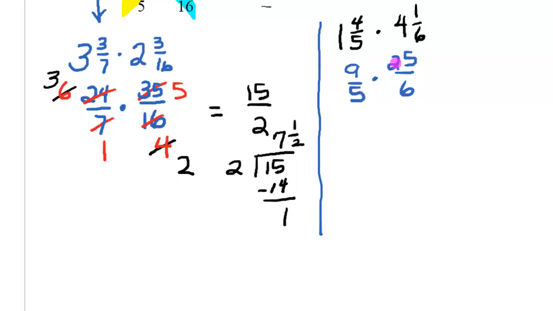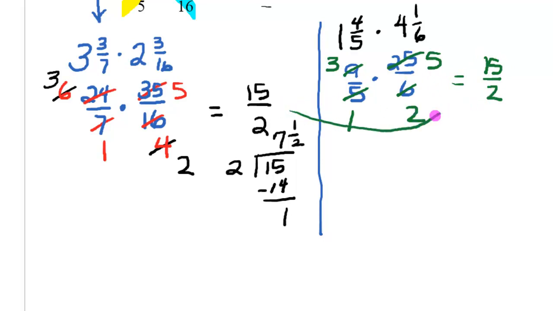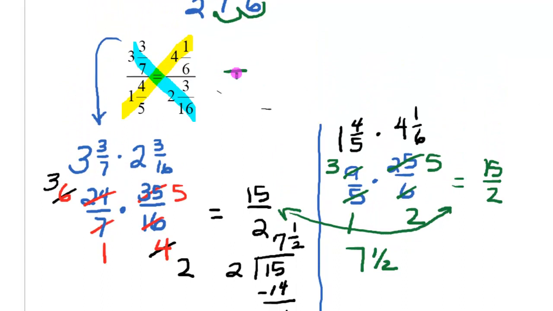So 5 goes into both of these. So 5 goes into itself once and into 25 5 times. And a 3 goes into 9 and 6, goes into 6 twice, goes into 9 3 times. And when we multiply across, we get 15/2, which we've seen before, haven't we? So we know that this is also 7.5. And this proportion, which looks so awful, is a true proportion.